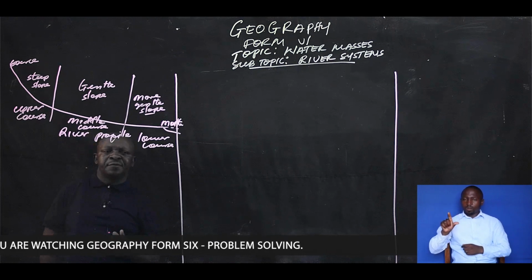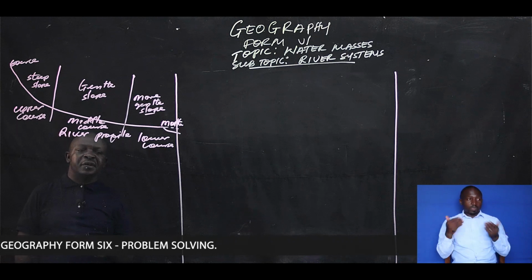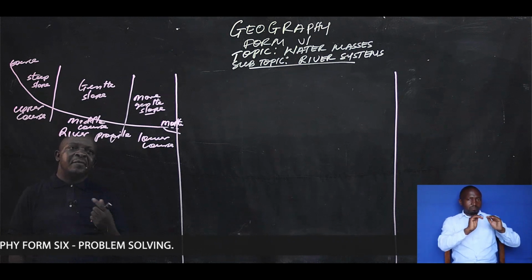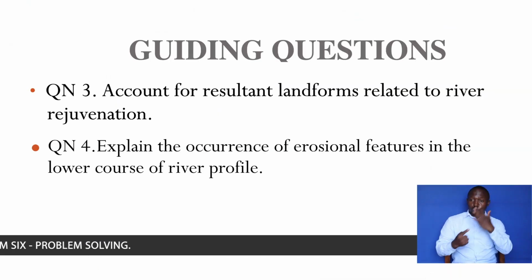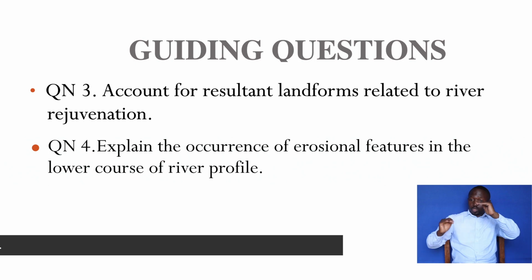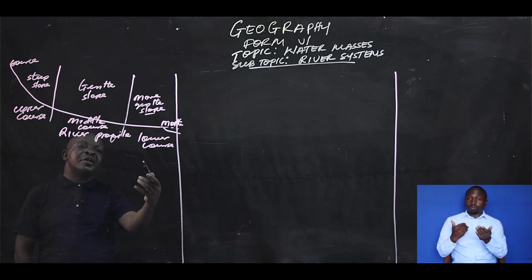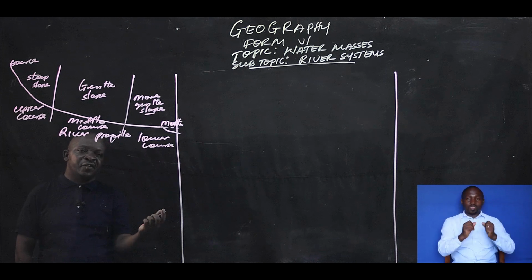It means features of river rejuvenation which we have given with question number 3 should appear in this question number 4 here, because in the lower course, erosional features are formed as erosive power is renewed, and that is river rejuvenation.